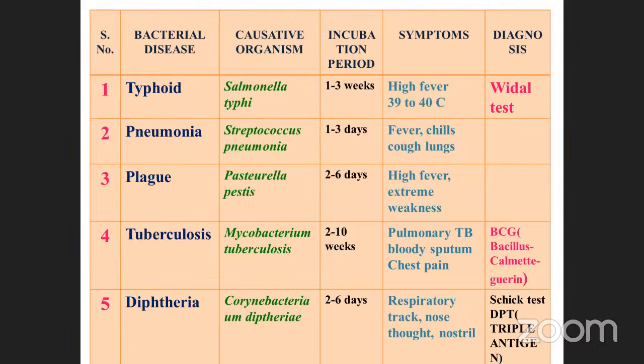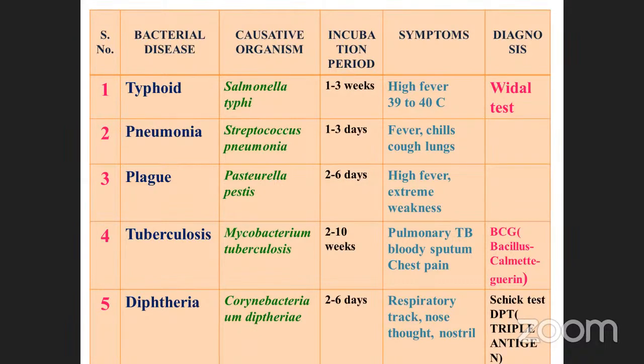Tuberculosis: Mycobacterium tuberculosis, tubercle, 2 to 10 weeks. Pulmonary TB, blood in sputum, and chest pain are the symptoms. BCG, Bacillus Calmette-Guerin, is provided as the vaccination.